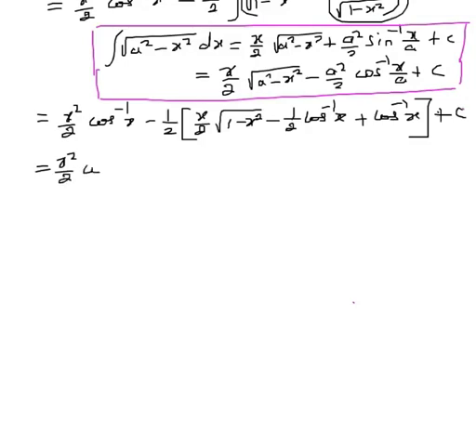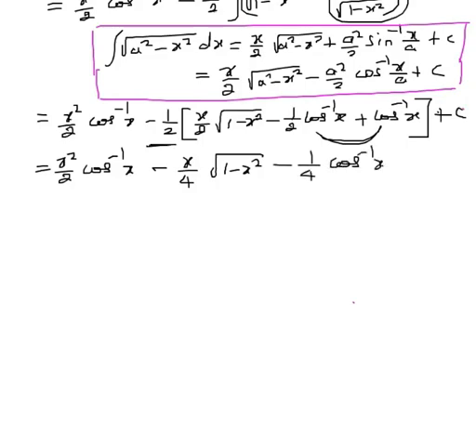X square divided by 2 cos inverse of x minus x by 4 times root of 1 minus x square, and this is plus half cos inverse. We have minus half outside, so minus 1 by 4 cos inverse of x plus c. Let us combine cos inverse of x terms. Half is common, cos inverse of x is common.